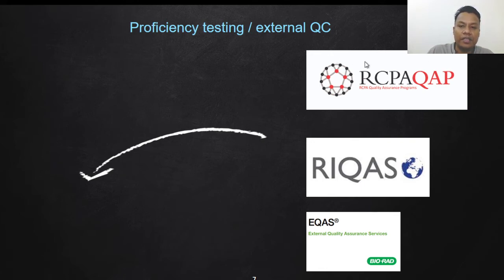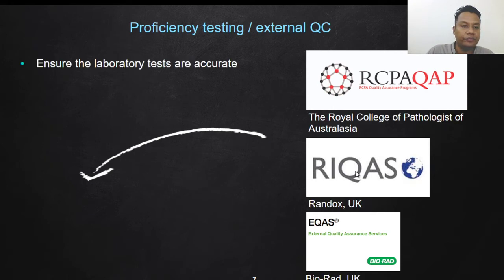These are the third party. Proficiency testing is to ensure the lab tests are accurate by harmonizing the results among peers, among the other laboratories.